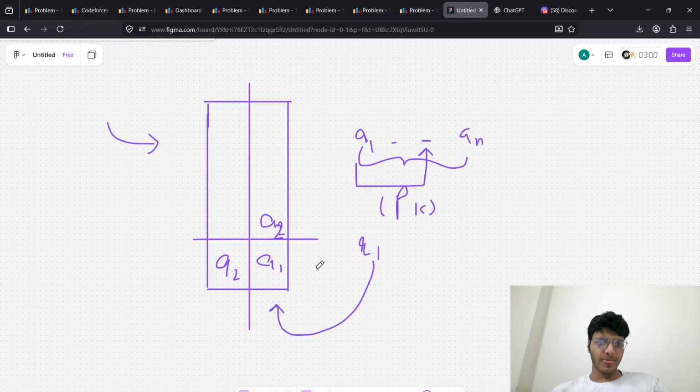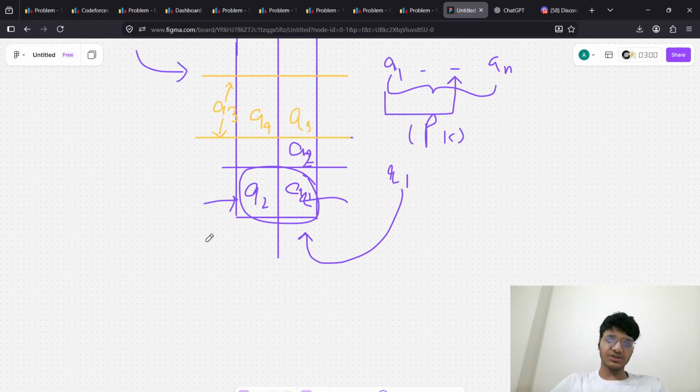So if we put A2 here and A1 here, the maximum of both of them, then we will put the shelf here. Then let us suppose we put A3 and here A4. So the shelf will be here. Then the maximum of both of them, let us suppose it's A3, is what will be used. So this is what the question is saying.